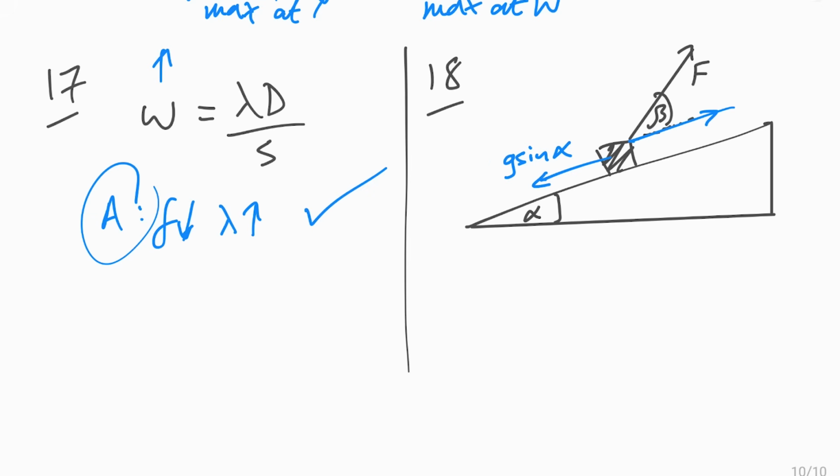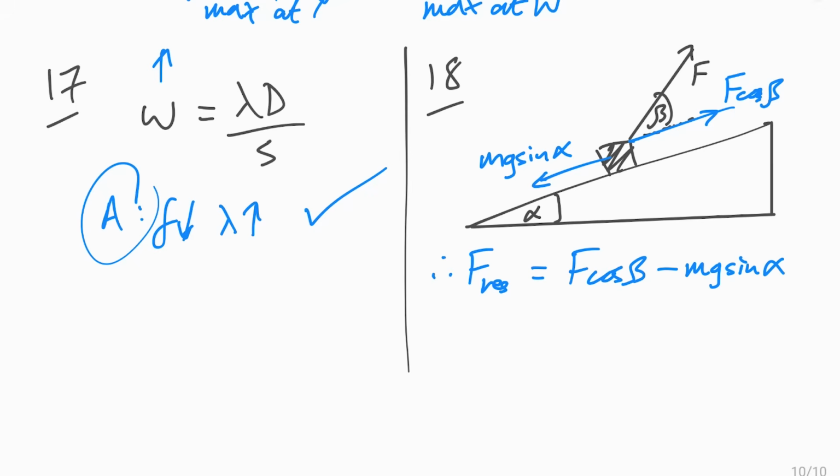Well, you could say force and then do forces then divide by m, but that's just making life hard for ourselves. We might as well just go for g sin theta. That's the acceleration down the slope, as it were, due to gravity. And so therefore, the force up the slope is going to be, do you know what? Seeing that they've given us the force, we might as well go for mg sin alpha. And so the force up the slope, that's going to be F cos beta. Therefore, resultant force is equal to F cos beta minus mg sin alpha.